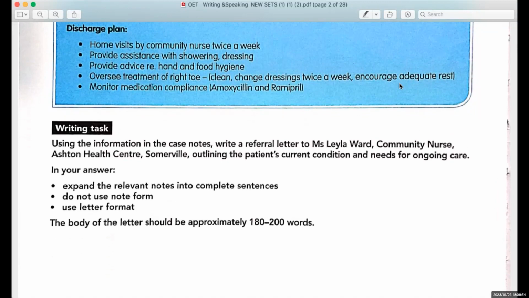Why do we refer a patient? We refer a patient when the patient doesn't get better in our care, right? And why do we discharge a patient? We discharge the patient when we know that the patient is getting better, or at least on the path of recovery or fully recovered. These are the bases of referral and discharge.